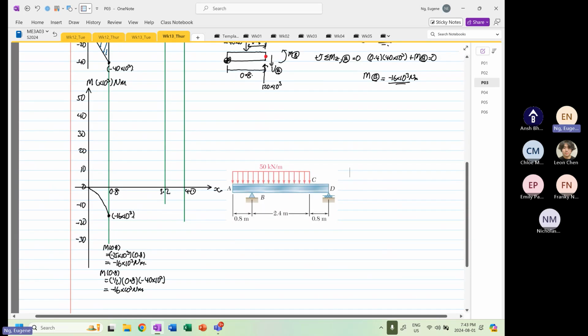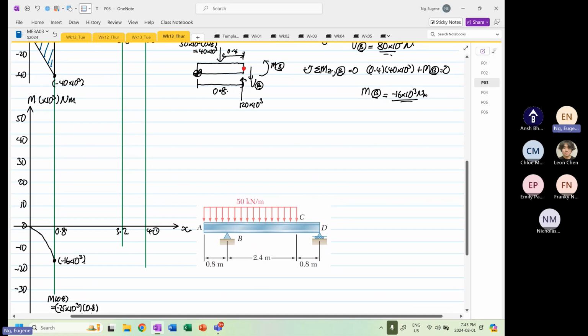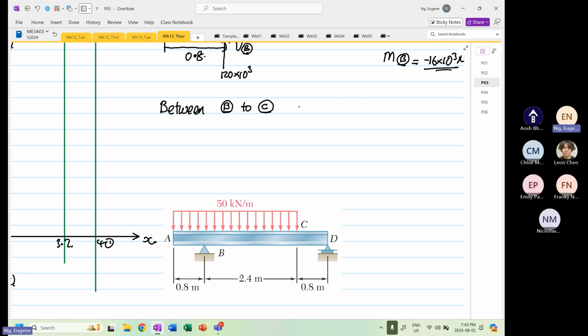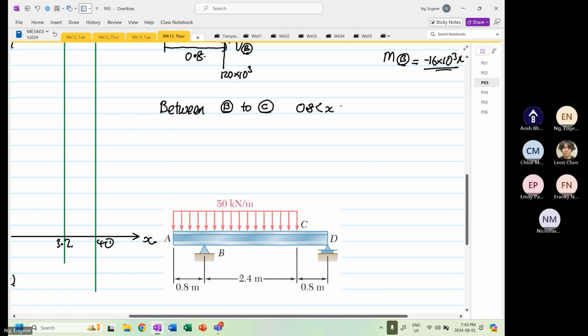So next we're going to form the function between point B and point C. The limits are 0.8 to x, going up to 3.2 meters.